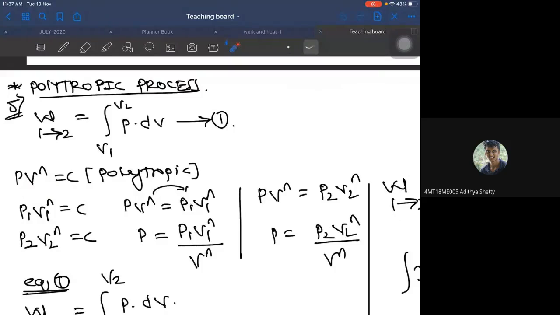If PV to the power of n is equal to constant, can I write P1 V1 to the power of n is equal to constant, and even P2 V2 to the power of n is equal to constant? Can I write it so? Yes, sir. Kindly concentrate, guys. This is a very short question for your internals as well as for your external examination.